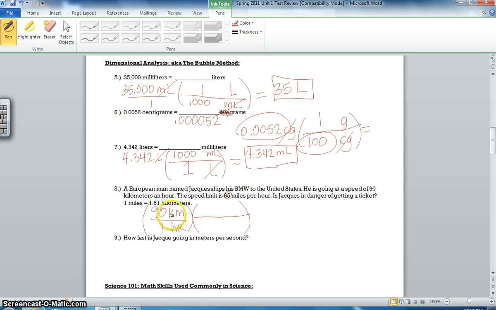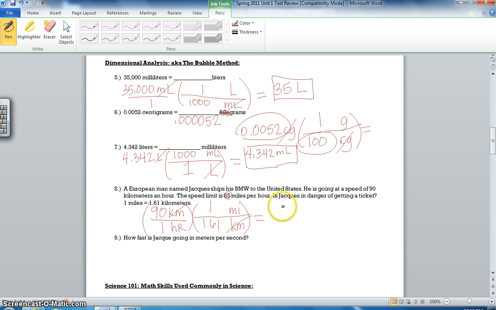Okay, so I'm going to want to change kilometers into miles. So I don't want my answer in kilometers, I want miles, because I want to see, is he going faster or not? Okay, and they tell me 1 mile is the same as 1.61 kilometers. All right, now that I'm all set up here, I am going to cross out my kilometers.